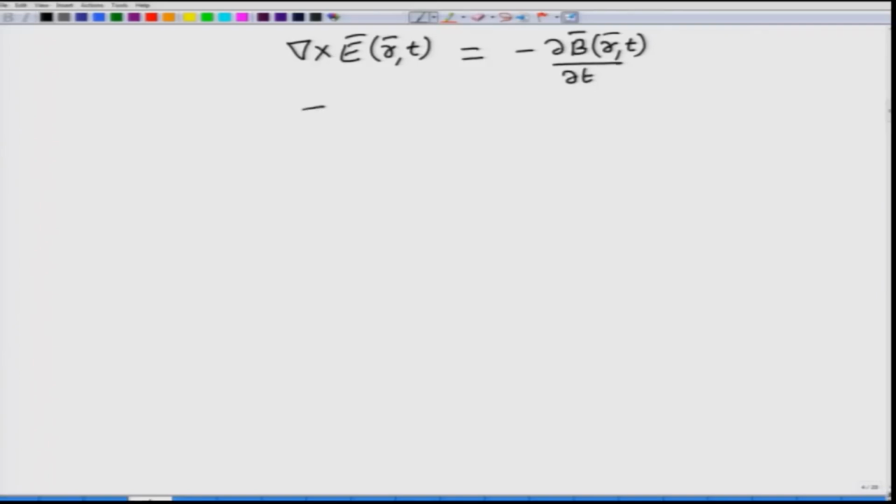This is the differential form of Faraday's law that we wrote down, right. Now, we also have an equation which says del cross H is equal to del D by del t. I have dropped r and t from this equation for notational simplicity.